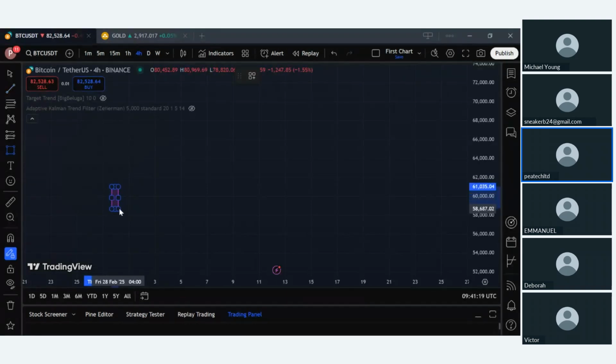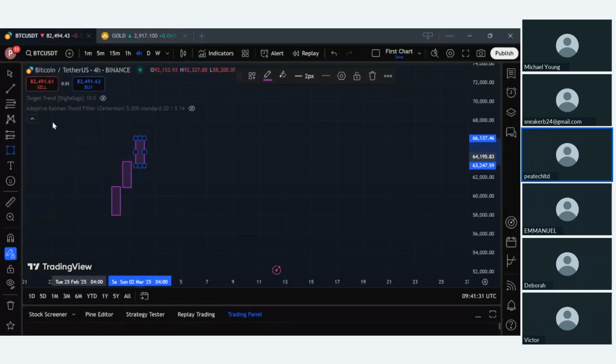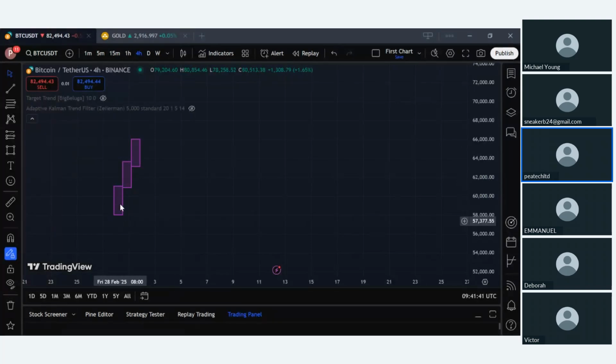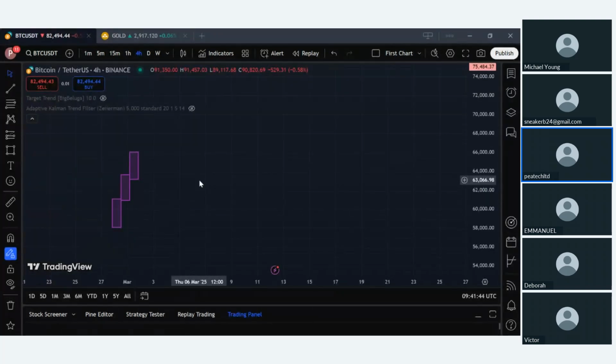Let's say we have the first candle like this, then another one, then another one. So let's say these are three consecutive moves. Now, if all these are green candles going upward, this one is the first one that started this move. You understand?